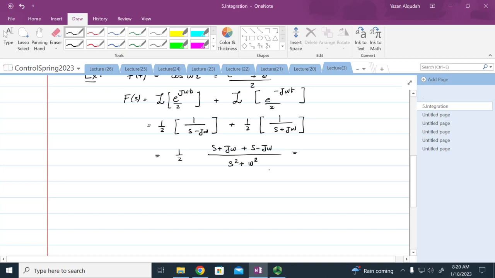Therefore, we have 1/2 multiplied by 2s divided by s squared plus omega squared, which equals s over s squared plus omega squared. So the Laplace transform for the cosine is s over s squared plus omega squared.